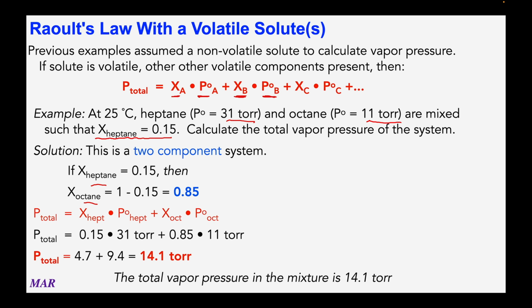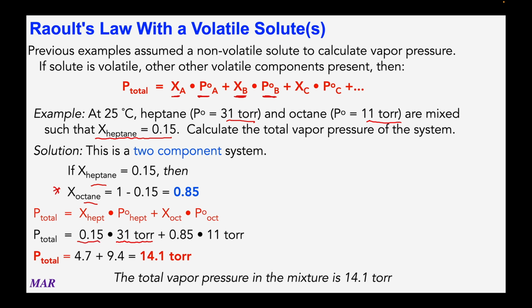As we talked about earlier, with two component systems, mole fraction of the first plus mole fraction of the second equals 1. So we're going to first calculate the mole fraction of the other component, the octane. If the heptane mole fraction is 0.15, the octane will be 1 minus that, or 0.85. And then you just multiply the respective vapor pressures by their mole fractions.